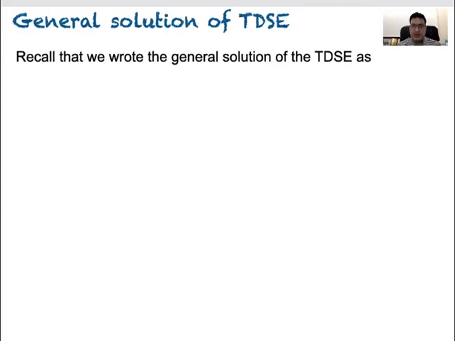Now let's recall what we have seen in the case of the time dependent Schrodinger equation. If we want to write any general wave function psi n of x and t, it can be written as a summation over n, where n goes from 1 to infinity.